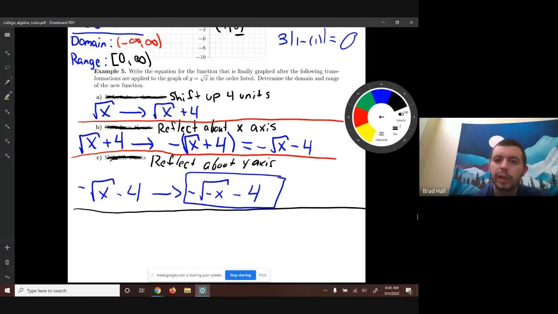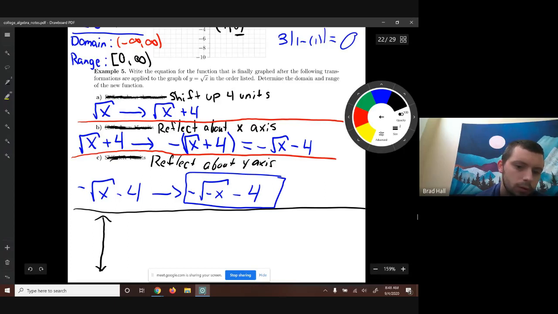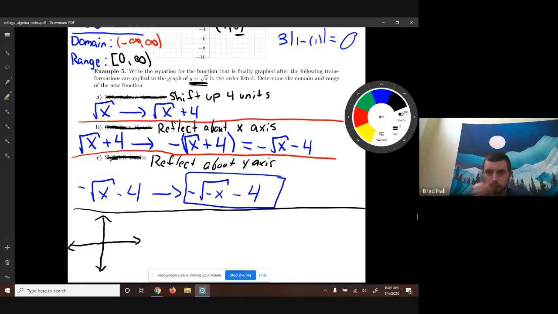So we don't really have a graph, so we need to at least visualize a rough sketch of the graph. And since this is the square root of x, we know it has that arc shape. And so what it's saying is take that arc shape, shift it up, reflect about the x-axis, and reflect about the y-axis.